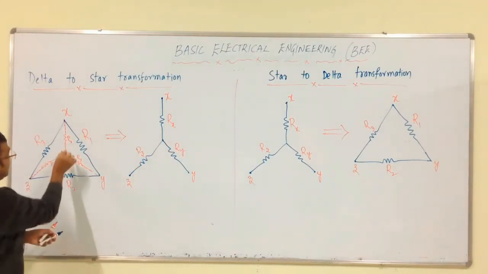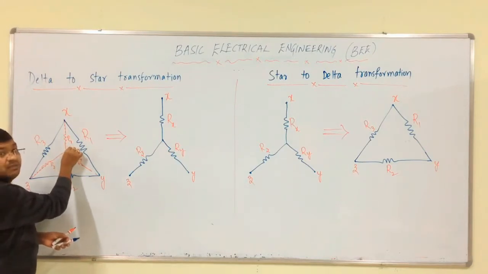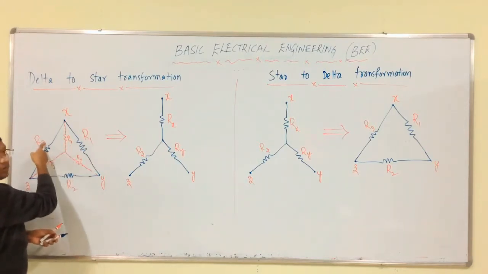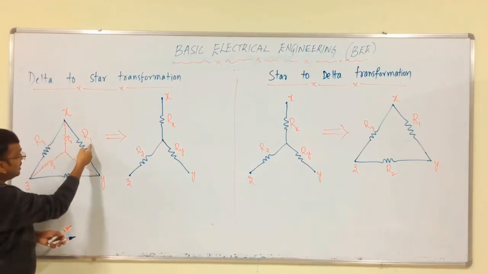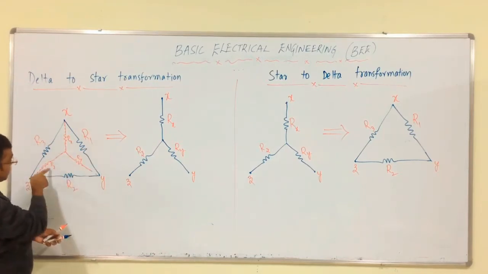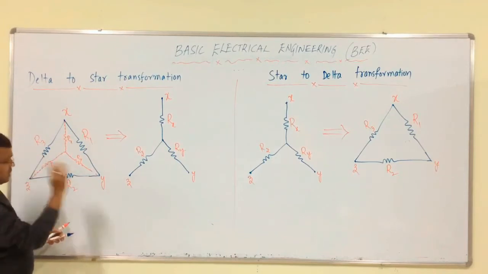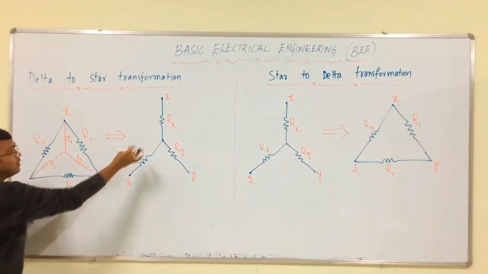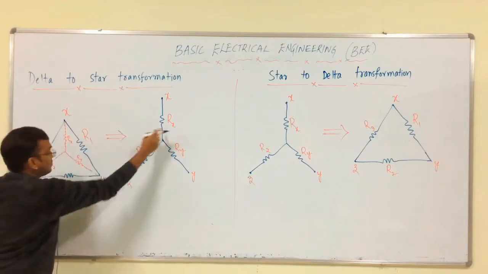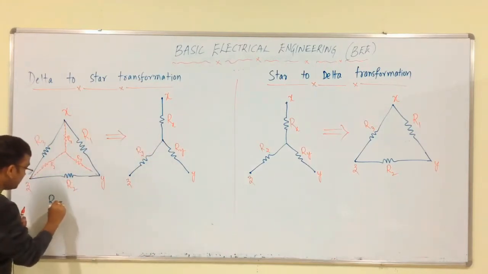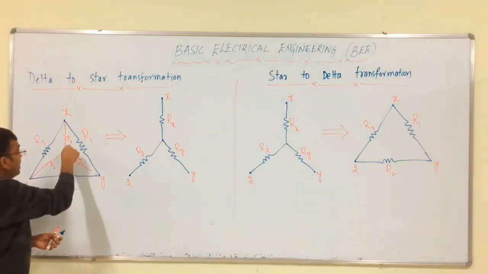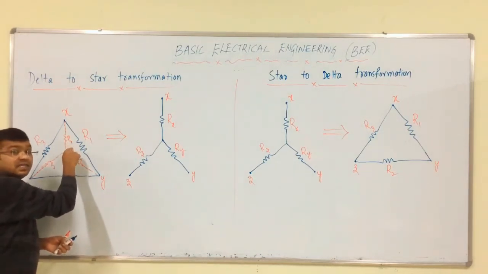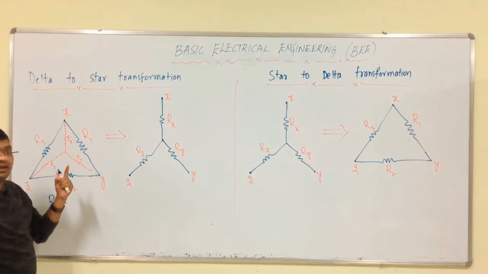Rx is present between R1 and R3, Ry is present between R1 and R2, and Rz is present between R2 and R3. Here is a simple shortcut to get Rx. First, we look at which resistances the required resistance is present between.